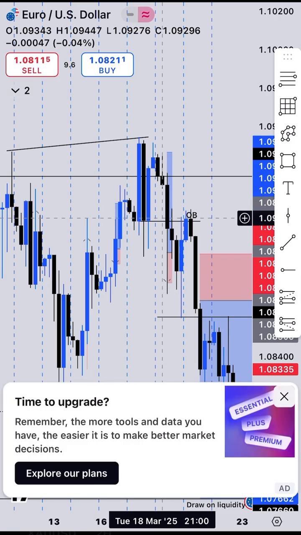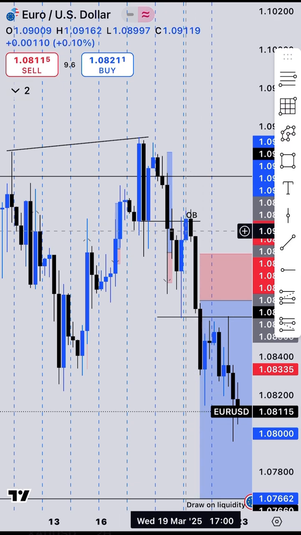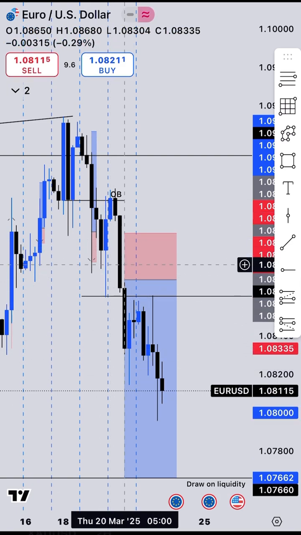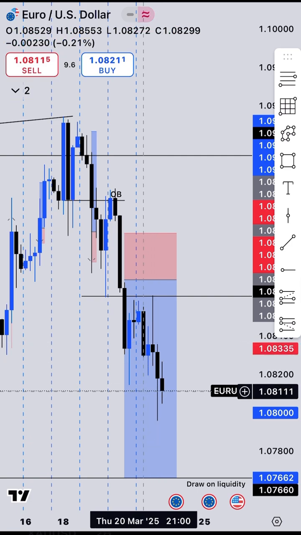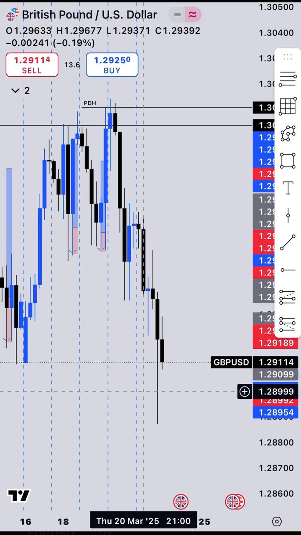So immediately price swept this high, and we had this expansion. This expansion started happening on Wednesday on Euro USD. It started dropping till Thursday.